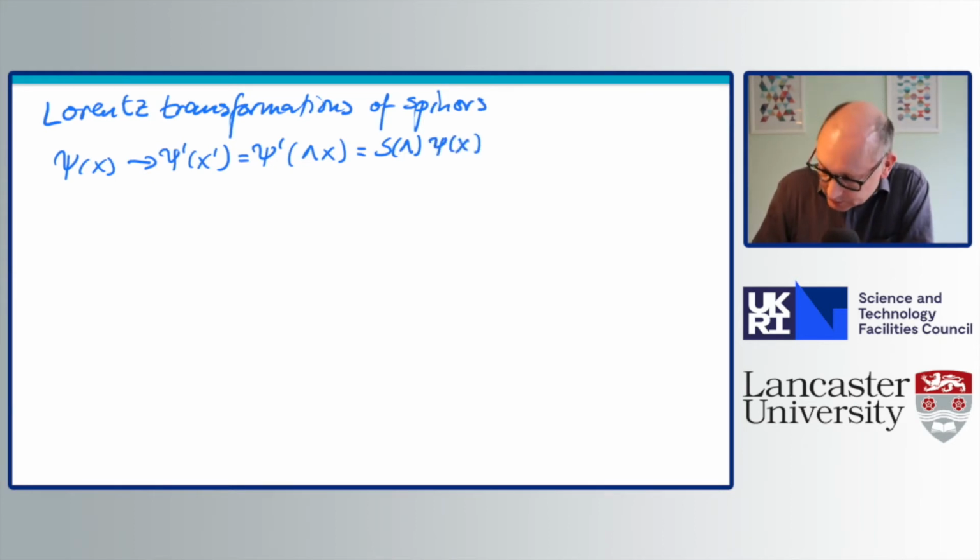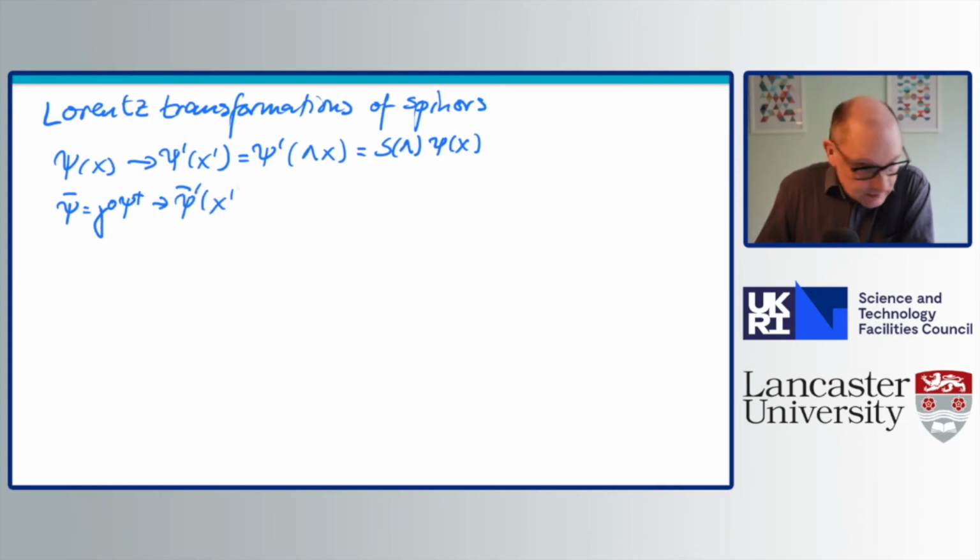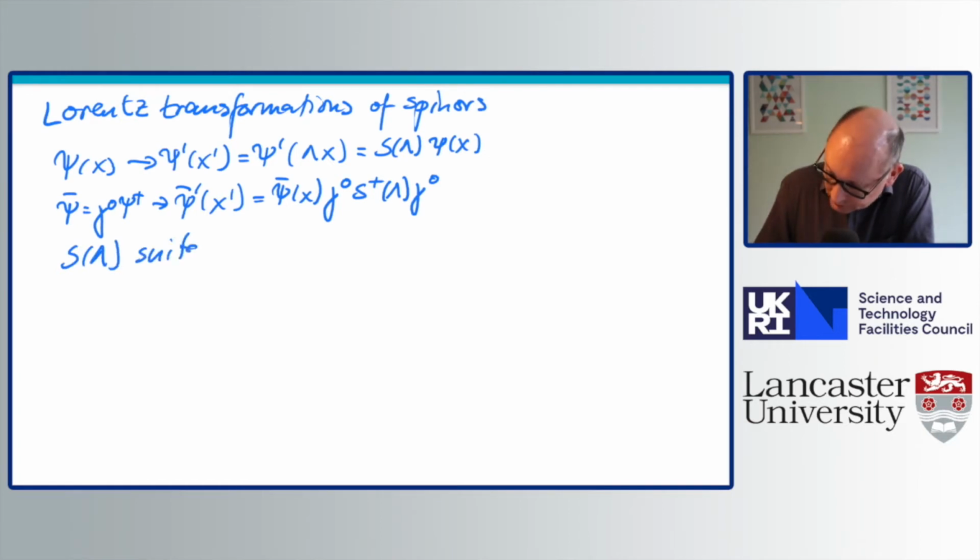Now, this of course means that psi bar, which is psi Hermitian conjugated of x times gamma naught, will go into psi bar of x prime, which is equal to psi bar of x times gamma naught S Hermitian conjugated of lambda gamma naught, because gamma naught squared is 1, where S of lambda is a suitable 4x4 matrix operating in spinor space.